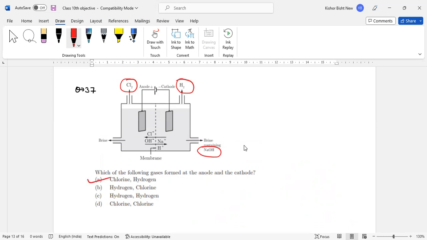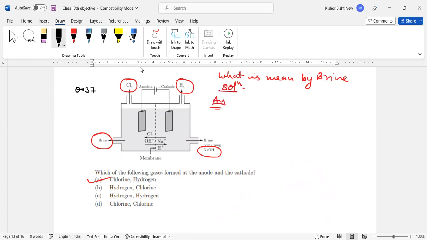But one question comes in the examination from this one. What do you mean by the brine solution? Here one term is written, brine. What is meant by brine solution? Okay, what is your answer?